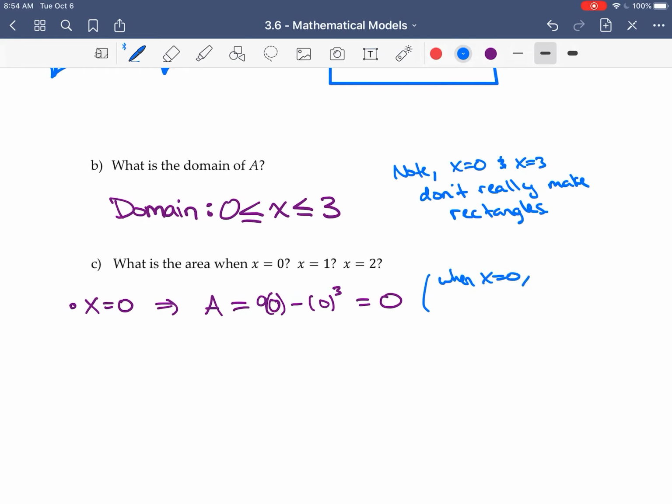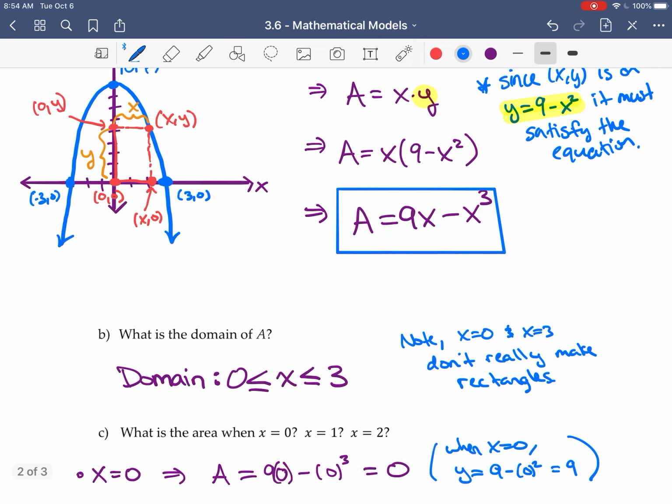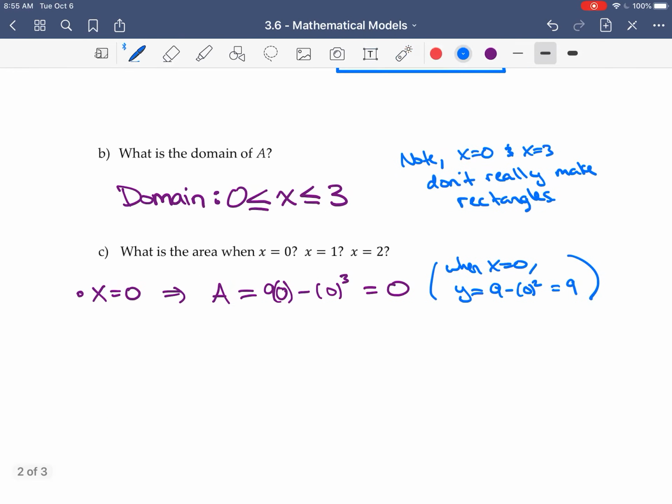When x equals 0, y is 9 minus 0 squared, so y is 9. In the picture, when x is 0, we just get this straight line, so there's no width to the rectangle. The height is 9, but the width is 0, so it's 9 times 0, which is 0.